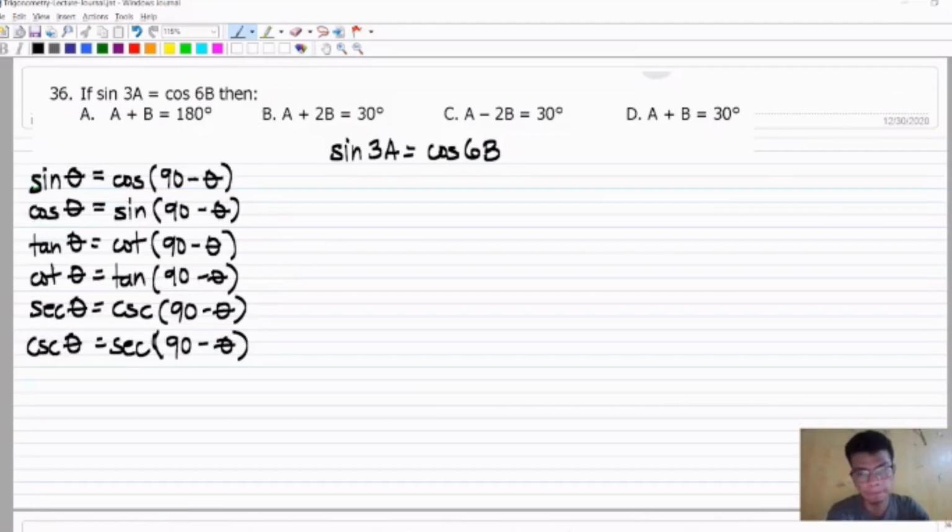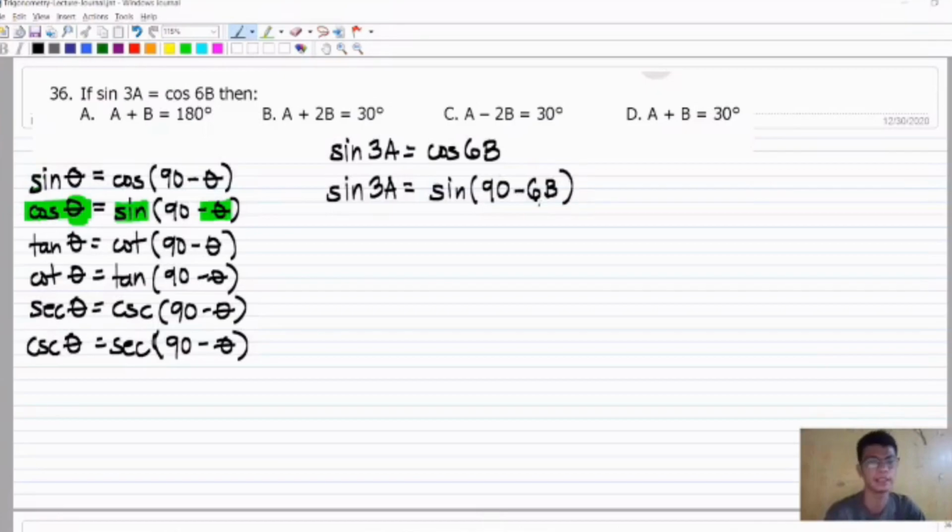So, for example, panatilihin natin yung sine 3a, pero yung cosine 6b dapat maging in terms of sine siya. So, sabi natin yung cosine theta ay magiging sine, pero copy natin muna yung 90, tapos ima-minus natin yung pinaka-theta na to. So, minus yung pinaka-theta ng cosine na 6b.